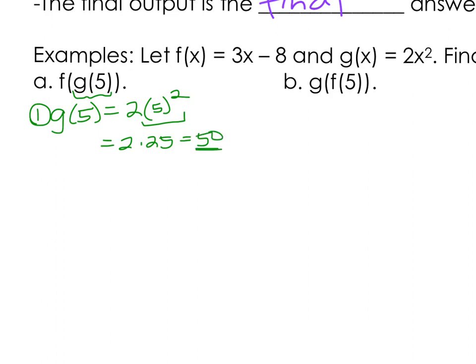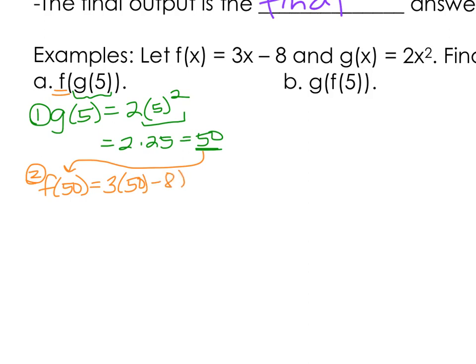But the definition for composition is the output of one function becomes the input for the other function. So in step 2, to figure out what f of x equals when x is 50, we're going to evaluate f of 50. Up in the f of x equation, it's 3x minus 8. We're going to do 3 times 50 minus 8.